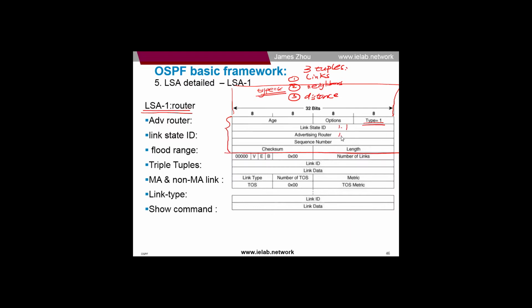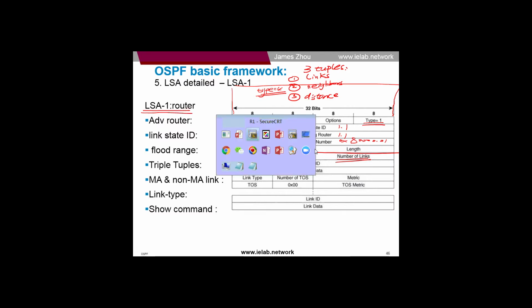Advertising router 1.1.1.1. The sequence number is hex 80000012. And the checksum and the length. Now there are the flags and options of the LSAs, which will be discussed later. And the number of links.